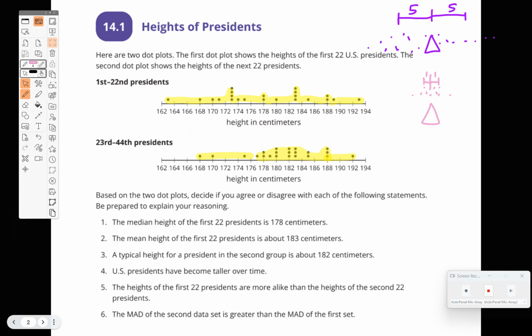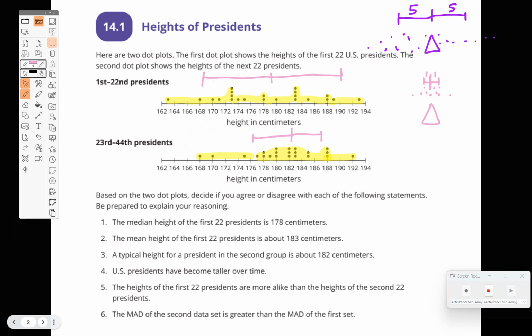Okay, so which one is going to have a greater MAD, the first or the second? Who has more data points further away, Rylan? Yeah, good, we have a wide spread happening here versus our second one, which is a little bit more together, which just means that our data points are more consistent.